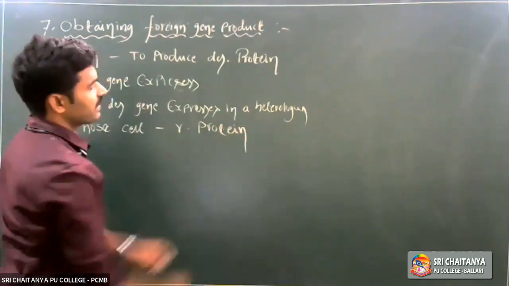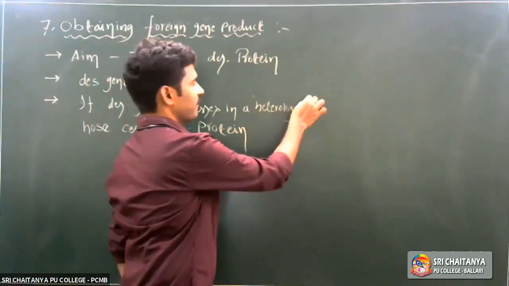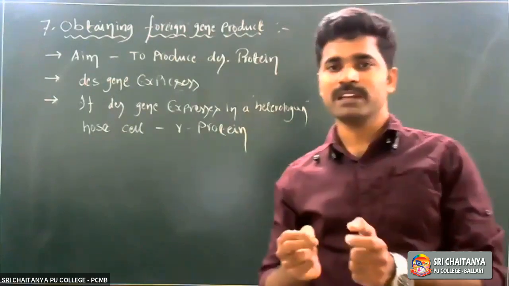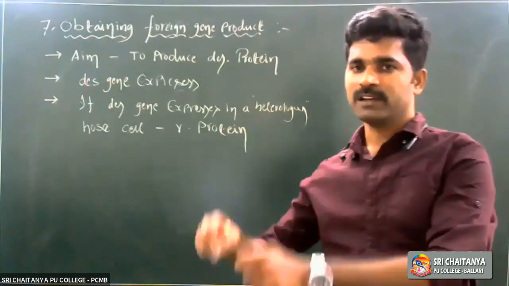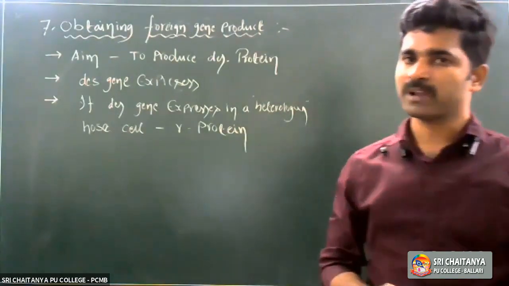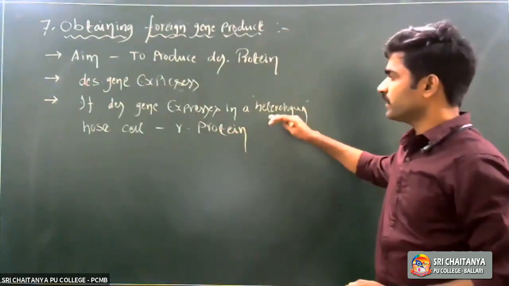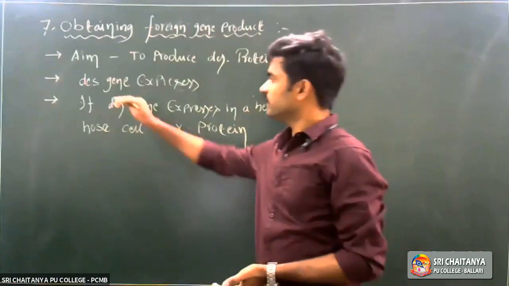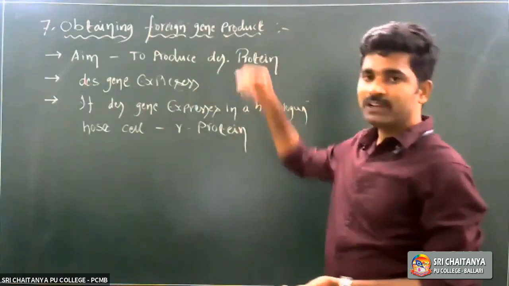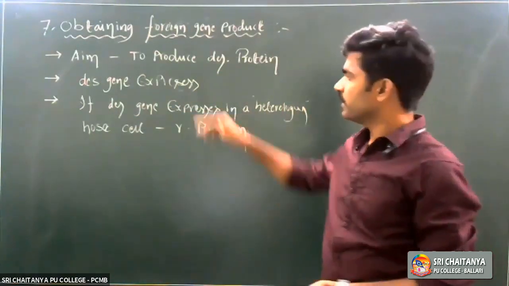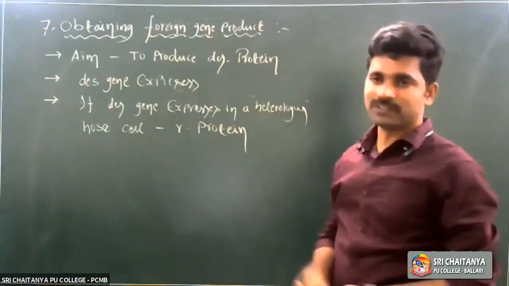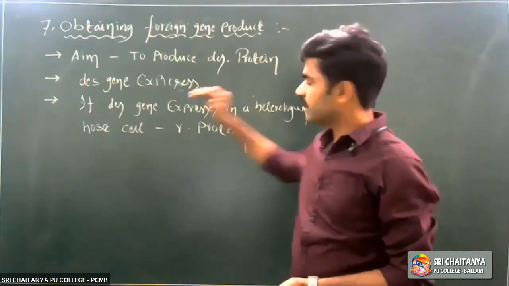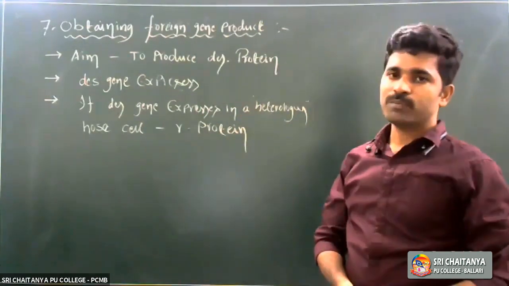So why do we call it a heterologous host cell? Because hetero means different. That different genetic material is inserted into the host cell cytoplasm, and that's the reason we call it a heterologous host cell. When we insert desirable genes into the host cell cytoplasm, the desirable gene expresses in a heterologous host cell, and we call it a recombinant protein.